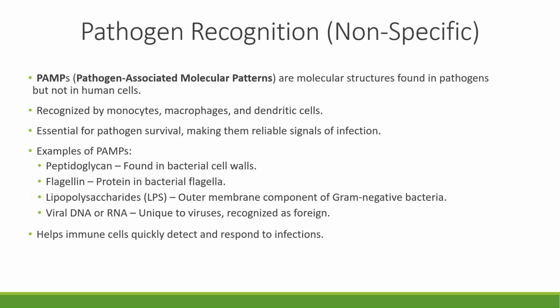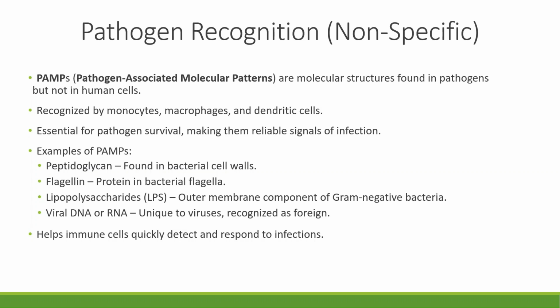I just want to make sure we're clear here. This is non-specific. While peptidoglycan is a specific compound, it's not the training of our immune system to memorize a certain structure. With a flu virus, you might have hemagglutinin or neuraminidase that mutate and change over time so that they're not recognizable anymore, and the immune system has to get retrained on the new shapes of the HA and NA molecules.